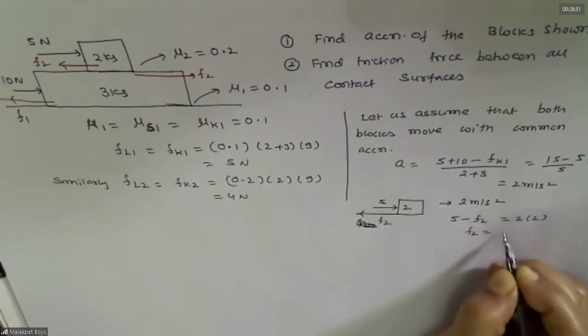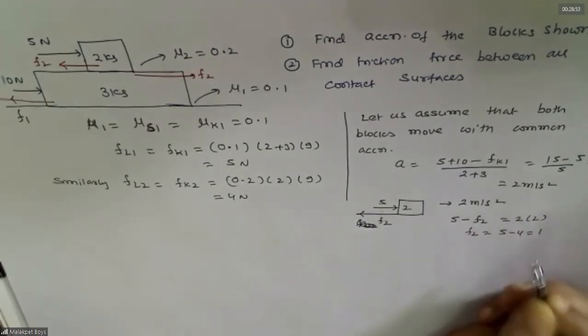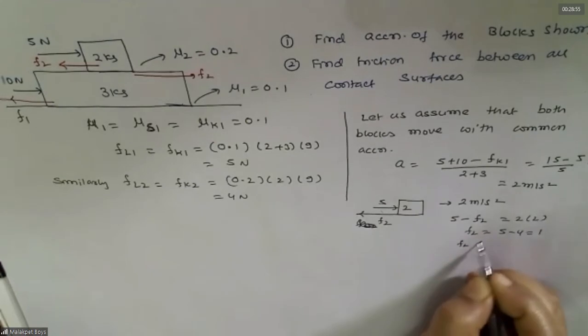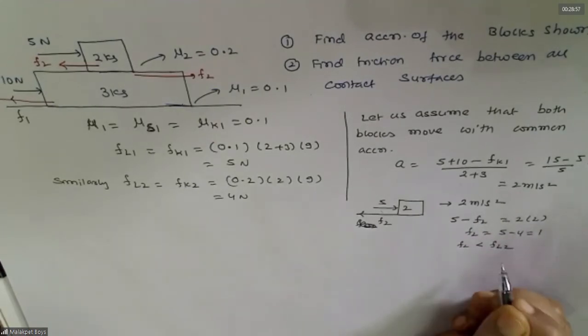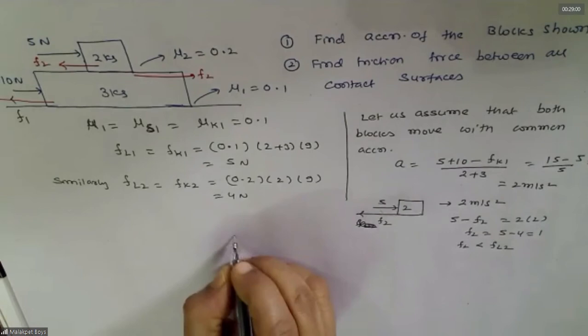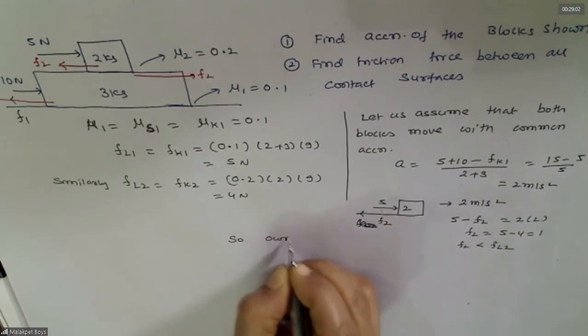What is FL2? So now this is less than its limiting value, no? So our assumption is correct, no?